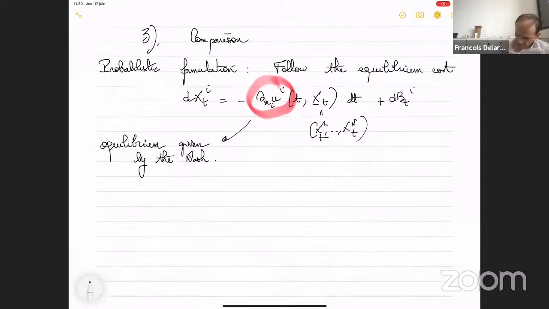Okay, and then when I say follow the cost, it means that I'm going to let Y_t^i be given by U^i(t, X underline), so this is the cost to player number i.